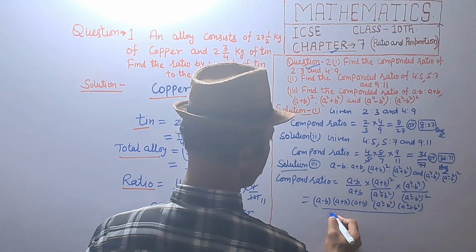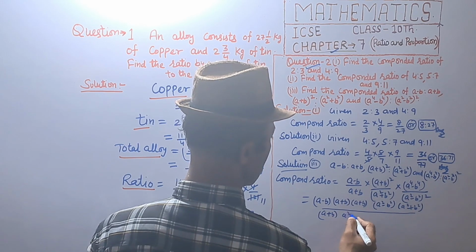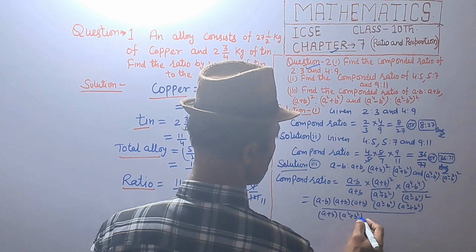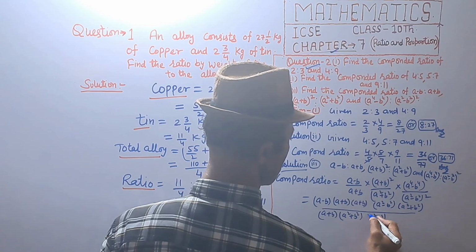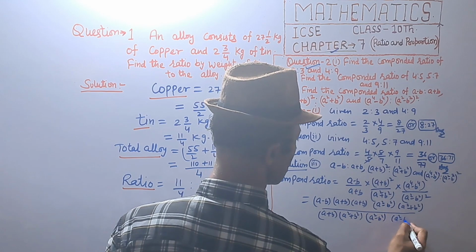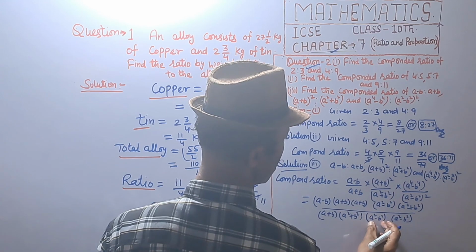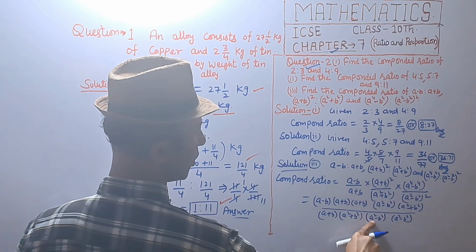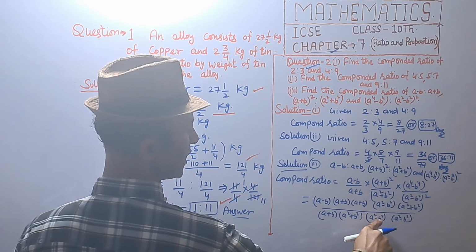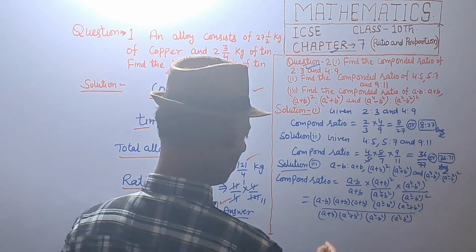divided by A plus B, A square plus B square, and A square minus B square into A square minus B square. We can write it as 2 times A square minus B square raised to power 2 is equal to A square minus B square into A square minus B square.